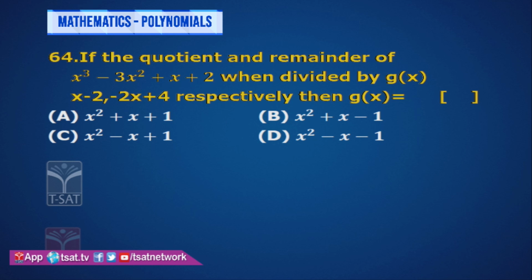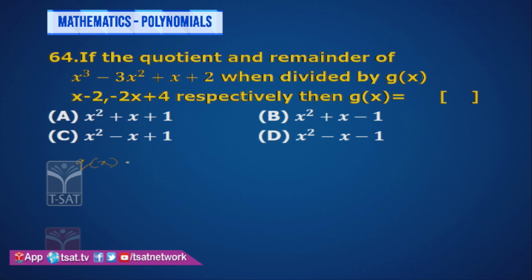Next, question number 64. If the quotient and remainder of x cube minus 3x square plus x plus 2 when divided by g of x are x minus 2 and minus 2x plus 4 respectively, then g of x equals what? The quotient and remainder are given. What is the quotient?